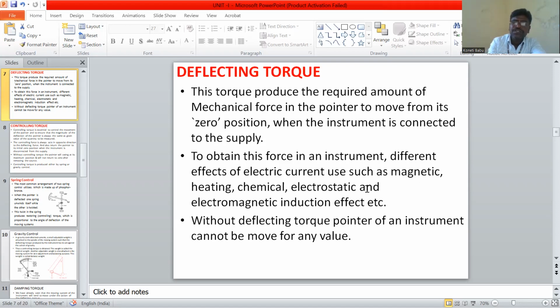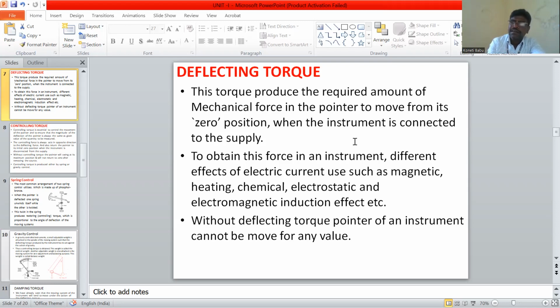These effects give the deflecting torque, so the instrument uses any one effect for deflection.